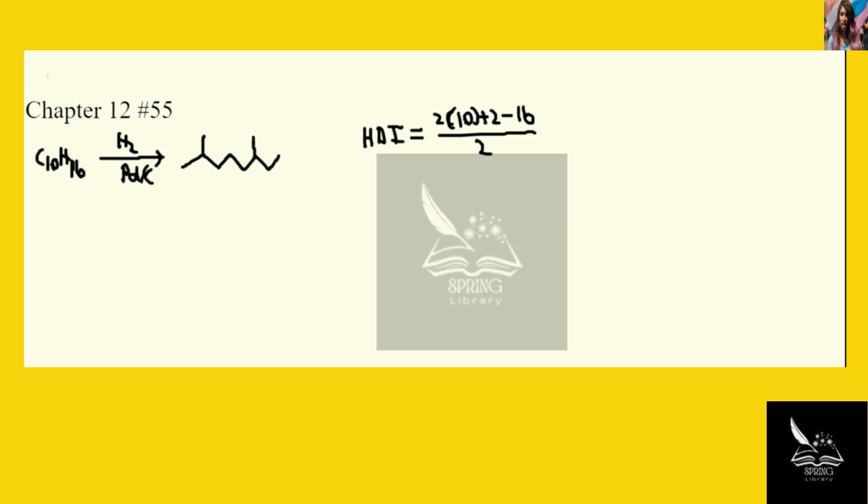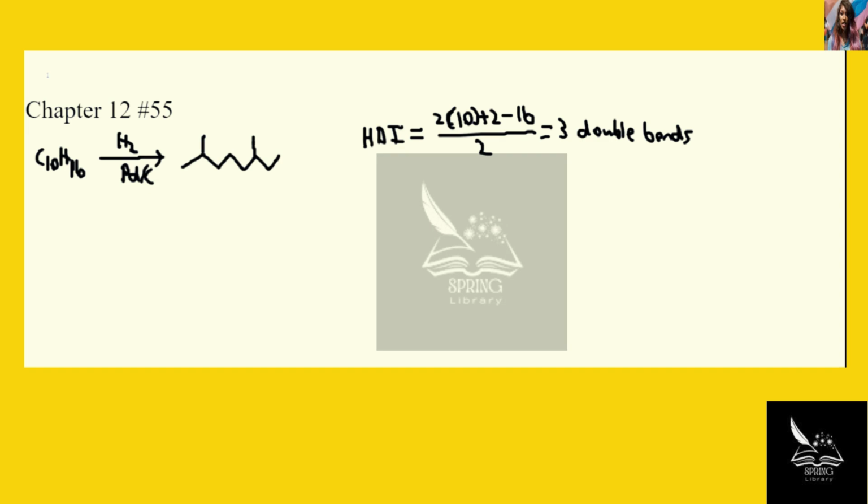Here we have 22 minus 16, which is 6, over 2, which is 3. So each of these molecules has 3 double bonds. That's helpful. Now we just need to determine where these 3 double bonds are going to be.